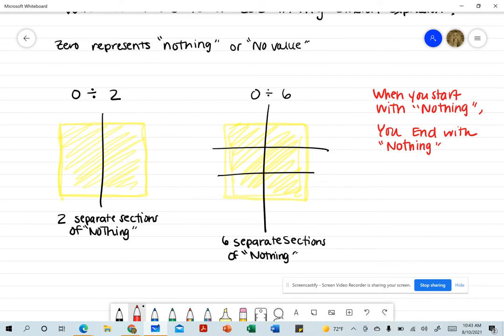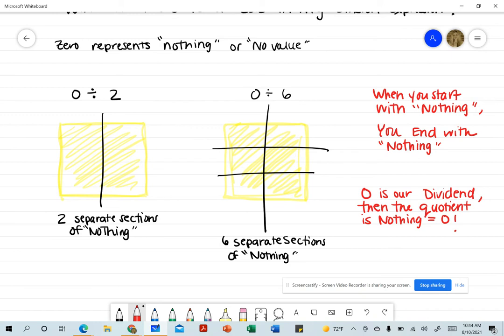What does that mean in terms of math? Well, when 0 is our dividend or our starting number, when we're starting with nothing, then the quotient is nothing, which means it's 0, right?